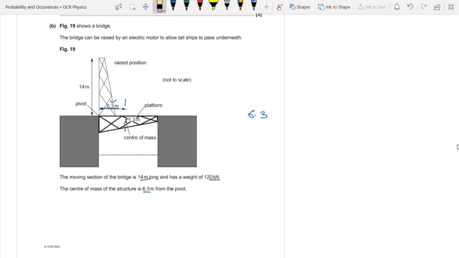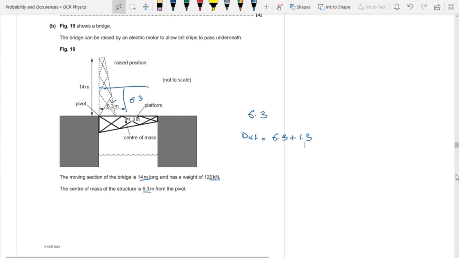We are interested in the distance covered in the direction of force. So this center of mass is raised to this point. So this is 6.3 and this is 1.3. So the parallel distance, our distance of consideration, is 6.3 plus 1.3. So that is 7.6.